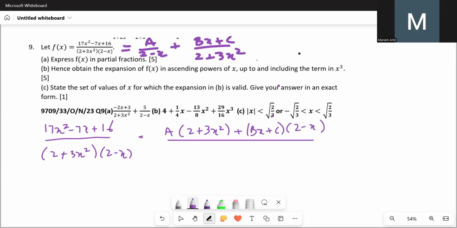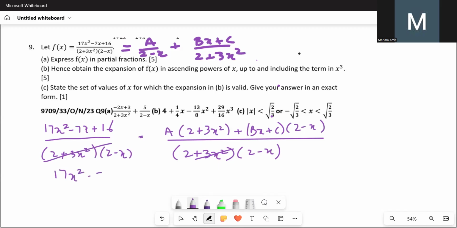The denominator is the same, (2 plus 3x squared)(2 minus x), so cancel. So we get 17x squared minus 7x plus 16 equals A(2 plus 3x squared) plus (bx plus c)(2 minus x).